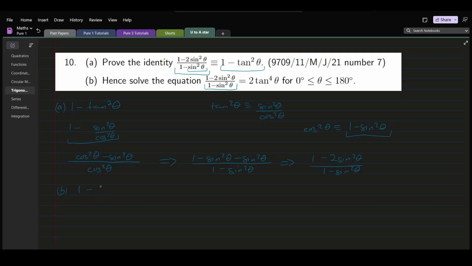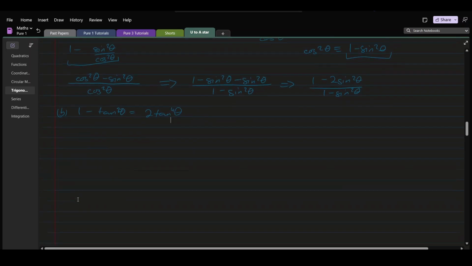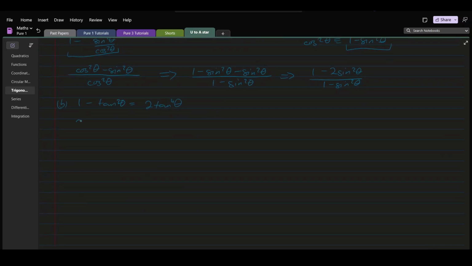So that becomes 1 minus tan squared theta is equal to 2 tan to the 4 theta. Let's put everything on one side. That is 2 tan to the 4 theta plus tan squared theta minus 1 is equal to 0.